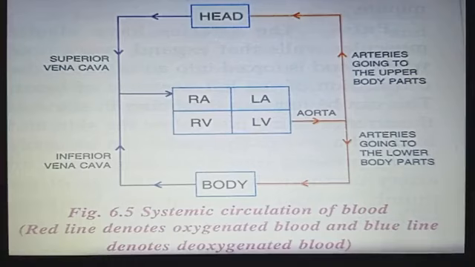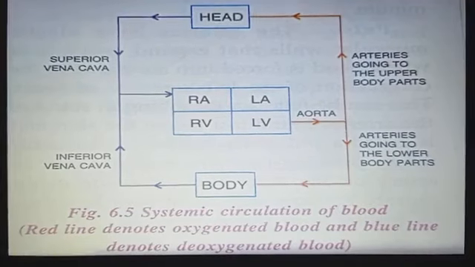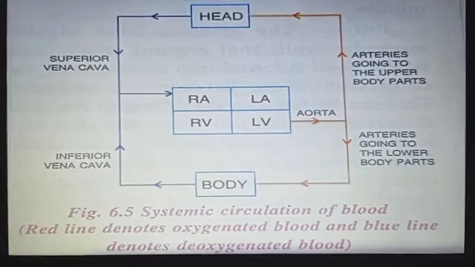Now, let me tell you once again how the deoxygenated blood from all the parts of the body is collected. The deoxygenated blood from all the parts of the body is collected by two major veins. Which are the two major veins? It is the vena cava. In the beginning, we have discussed about vena cava. Vena cava is the largest vein.